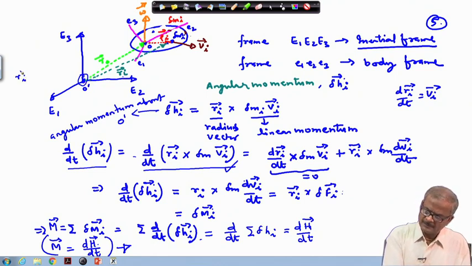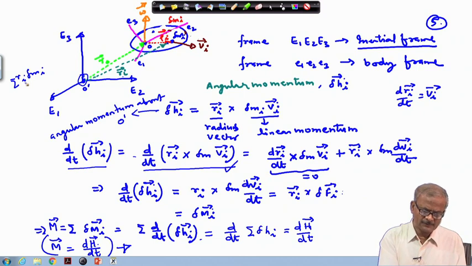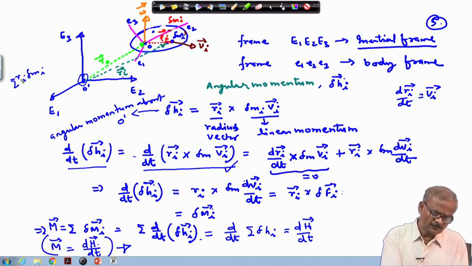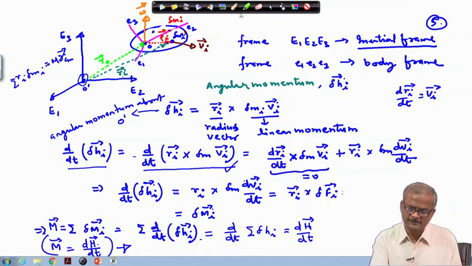So, R I times delta m I summation will indicate m times R C m, where R C m is measured from this point. So, somewhere here your center of mass is located.